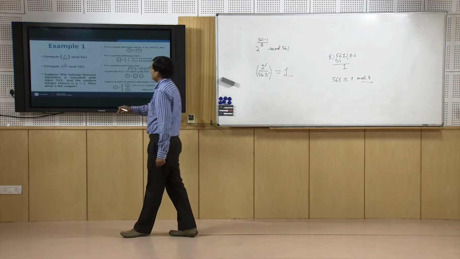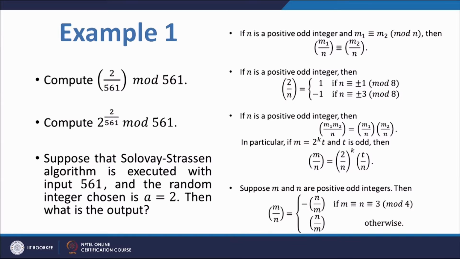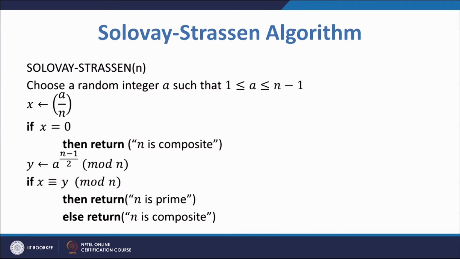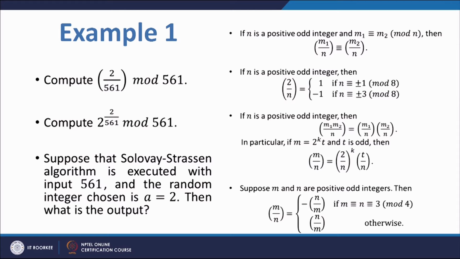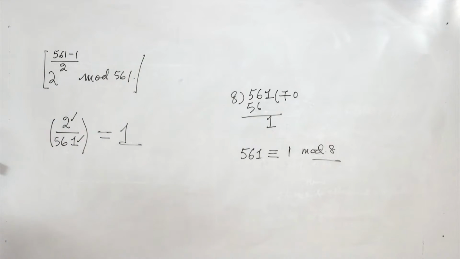On the other hand, let us look at the algorithm, we have to calculate a raised to the power (n minus 1) by 2. Here n is 561. So, neglecting the misprint over here, we have to calculate 2 raised to the power (561 minus 1) by 2.